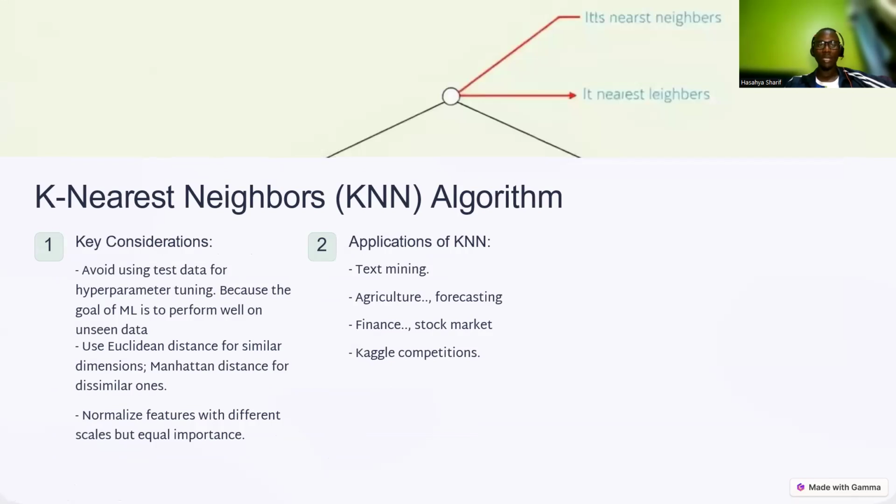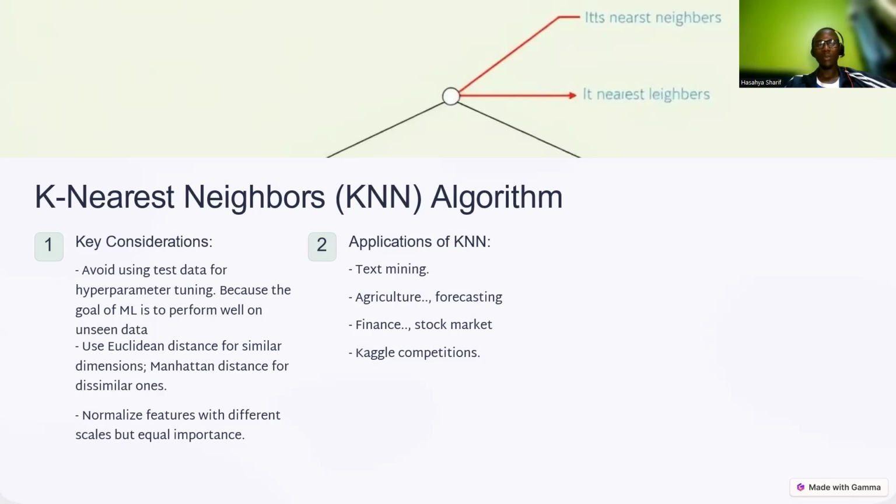Key considerations for the KNN. One, you should avoid using test data for hyperparameter tuning, because our goal for machine learning is to perform well on unseen data, not data that we are using in the test or prediction data. Then use the Euclidean distance for similar dimensions, where maybe we are having a depth, we are having length.